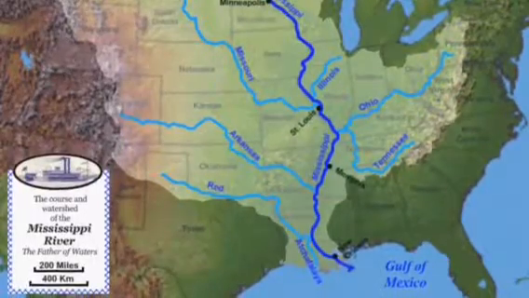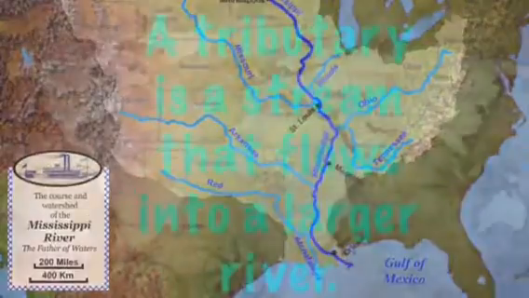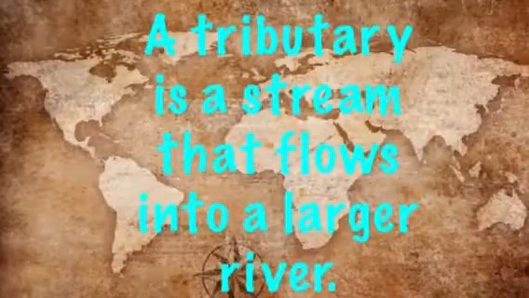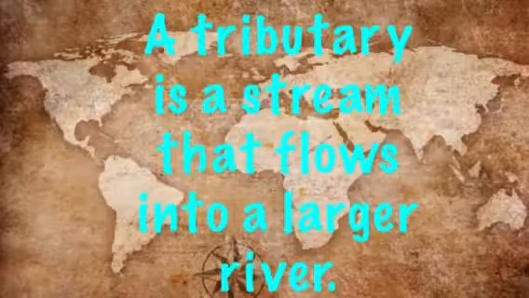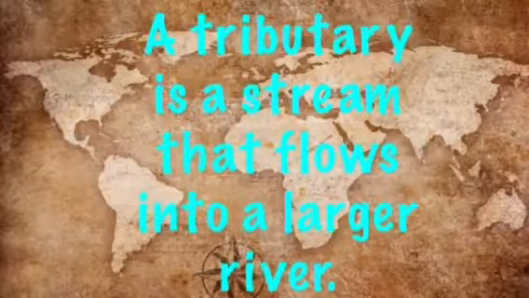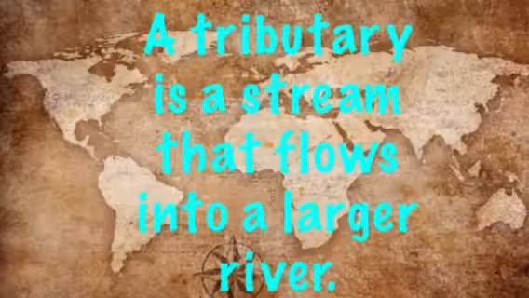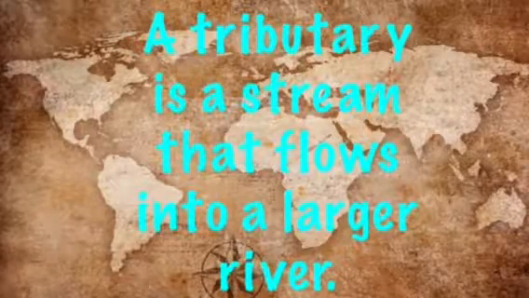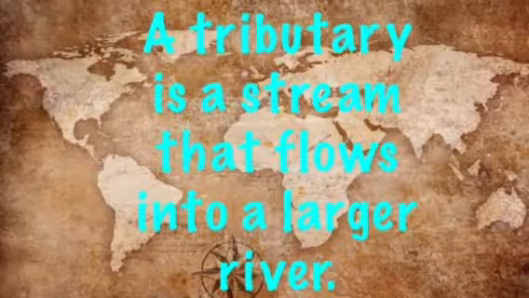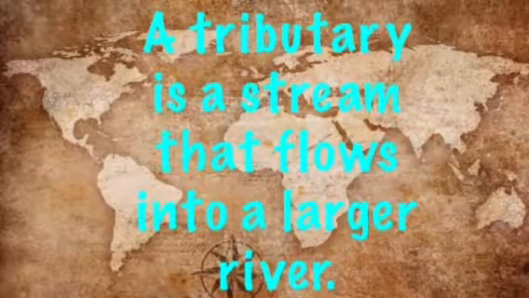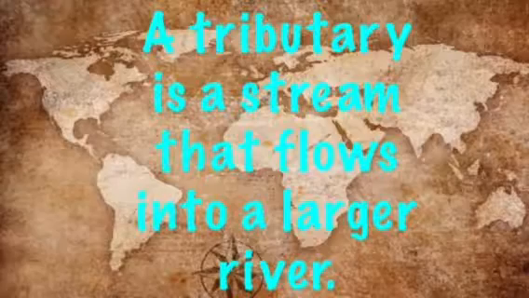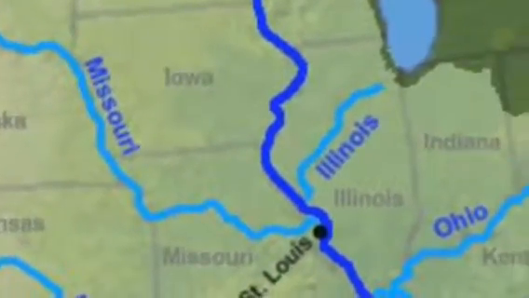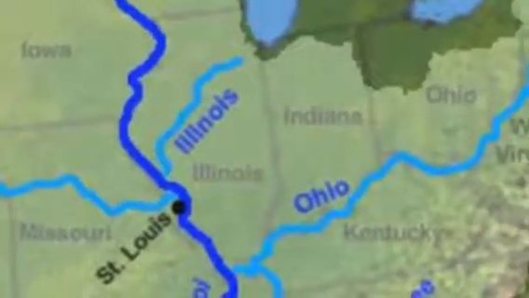A tributary is a stream that flows into a large river. This means the Missouri River and the Ohio River flow into the Mississippi River.